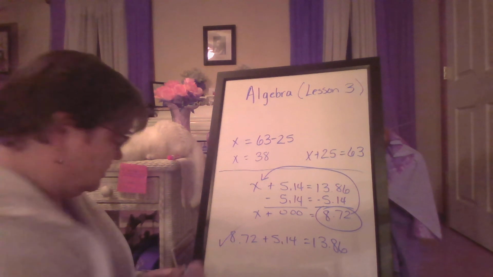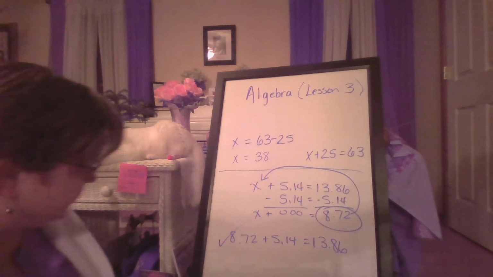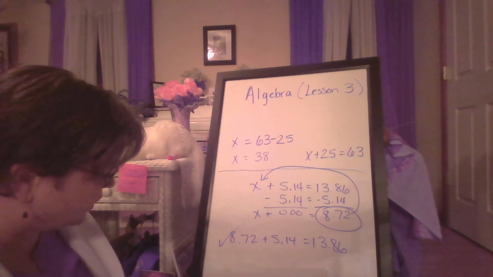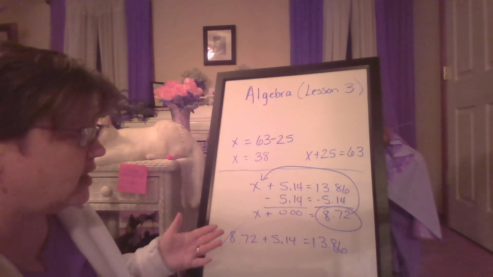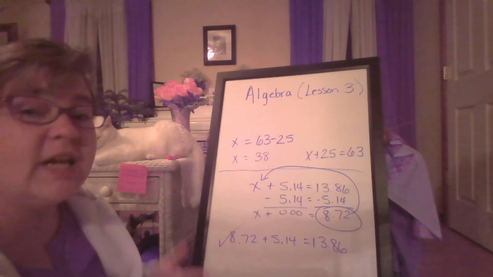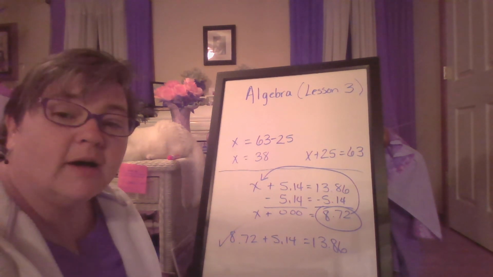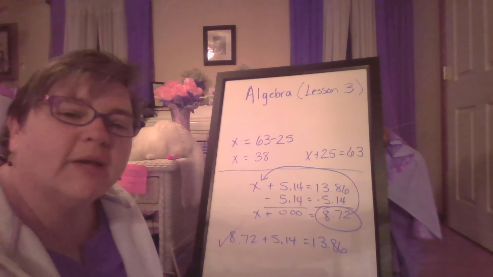Yes, that is correct. I have solved by undoing. So equations can be undone by doing the opposite, or inverse. And next time we're going to talk more about inverse operations. But that's enough for today.